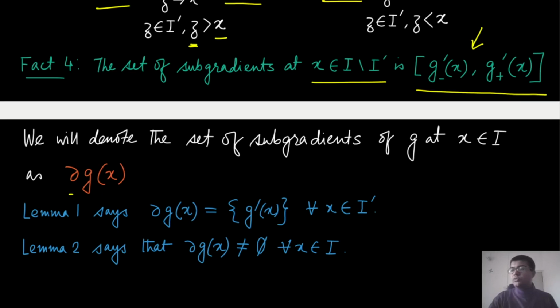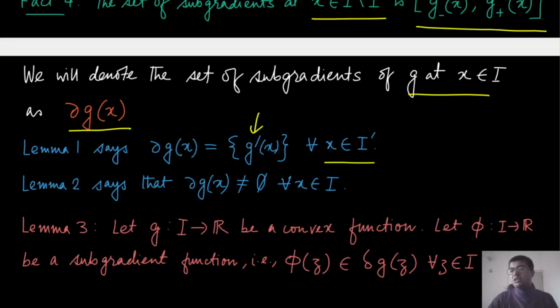Just for shorthand, we will use this notation del g of x to denote the set of subgradients of g at a point x. Note that if you are in the set where the function is differentiable, then this set will be a singleton.